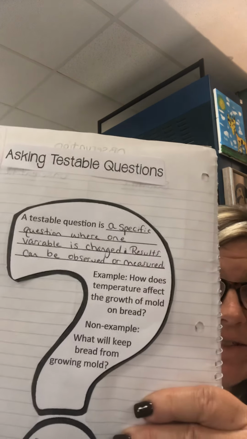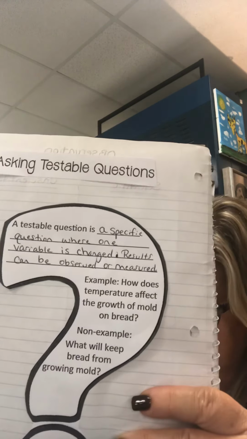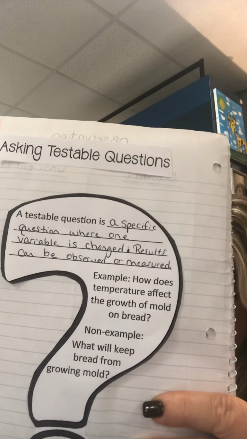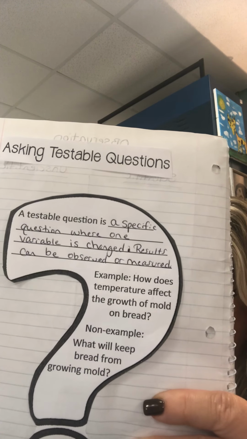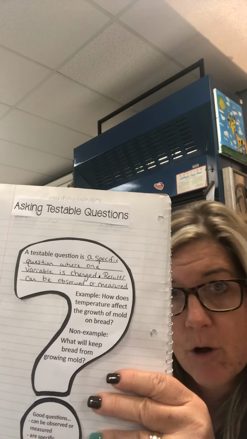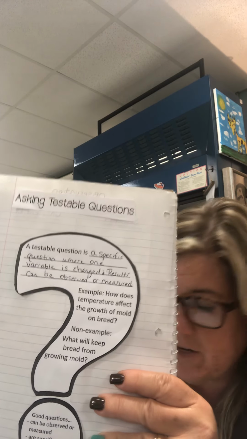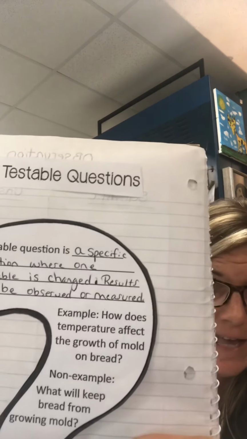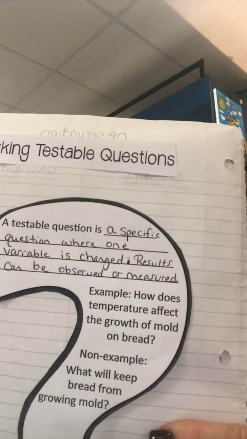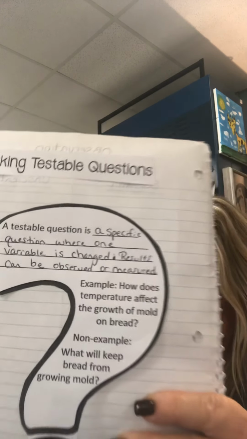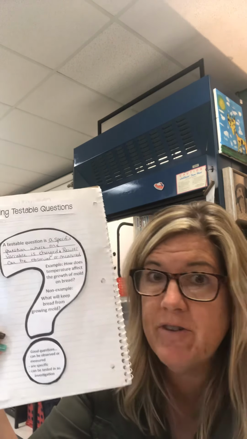They've given you examples on here. One example is, how does temperature affect the growth of mold on bread? You would measure that with different temperatures, cold temperatures, hot temperatures. You'd have specific temperatures. A non-example would be, what will keep bread from growing mold? That's not specific enough. That's very general.